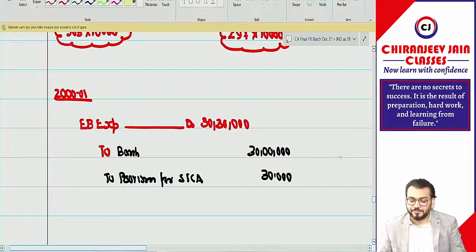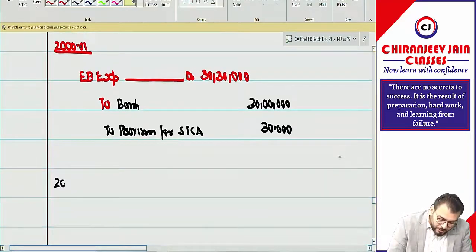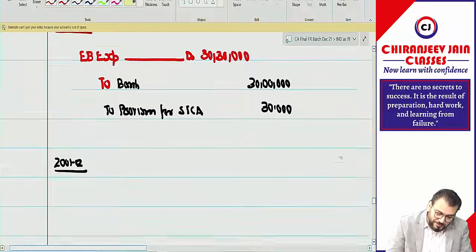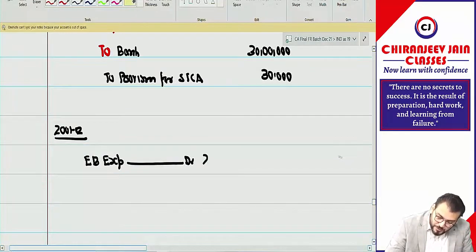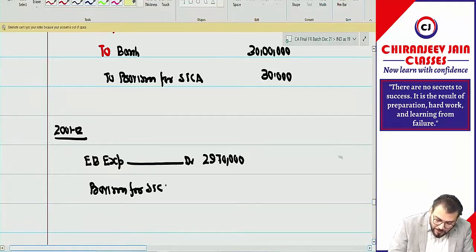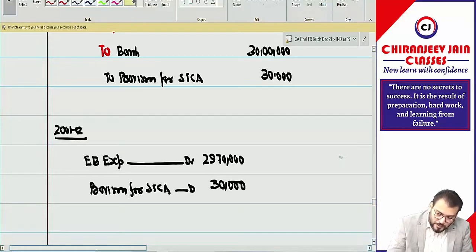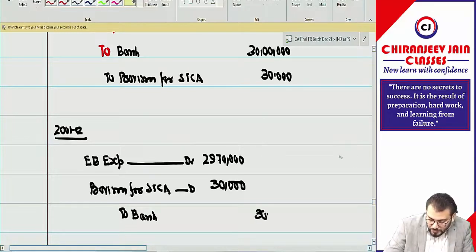This is the journal entry. Next year 2001-2002, the journal entry: EB expense account debit 29 lakh 70,000, provision for short-term compensated absences 30,000 will be reversed, and payment will be as per contract, that is 30 lakh. Have you understood?